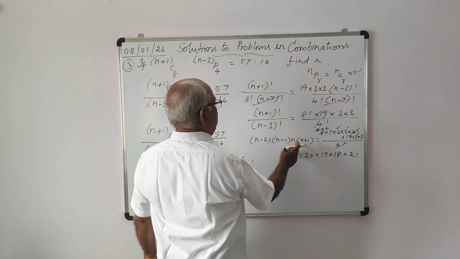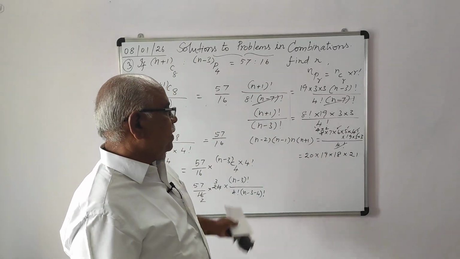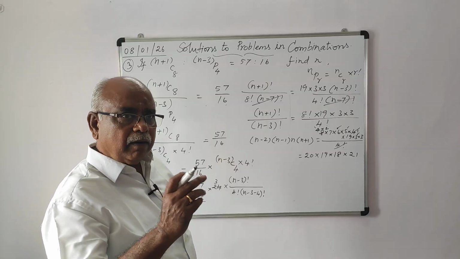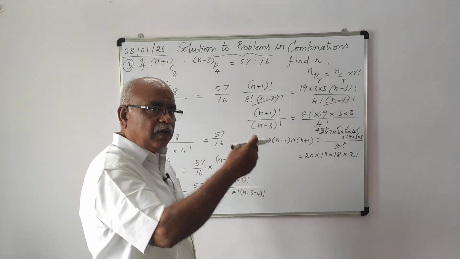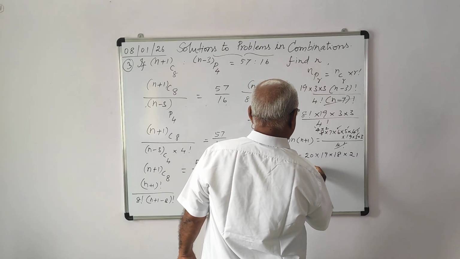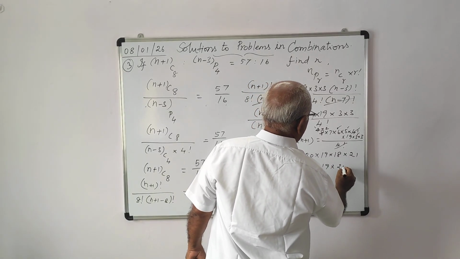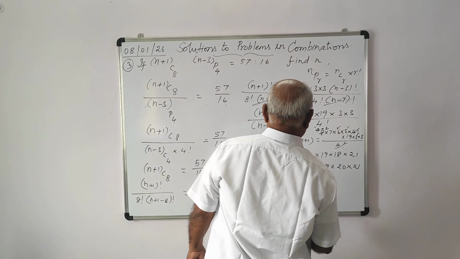Because there are 4 terms on the left, I consider the right hand side terms also converted into 4 terms: first term 18, second 19, third 20, fourth term 21.